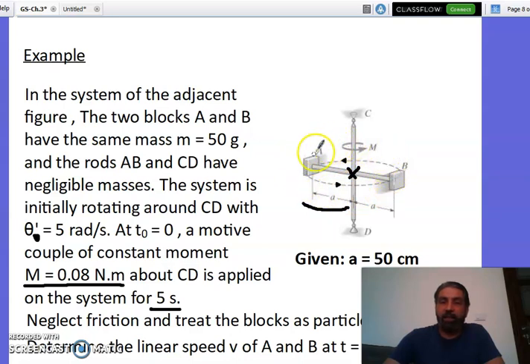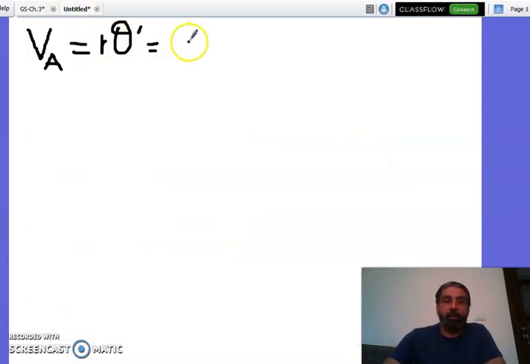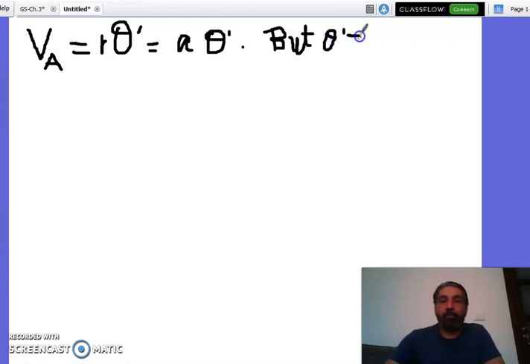This is a circle. Here is the center of the circle. So the radius is A. So this is equal to A theta prime. But we don't have theta prime, right?